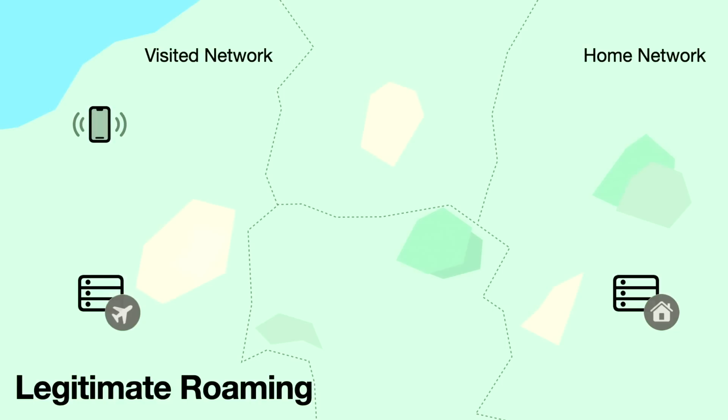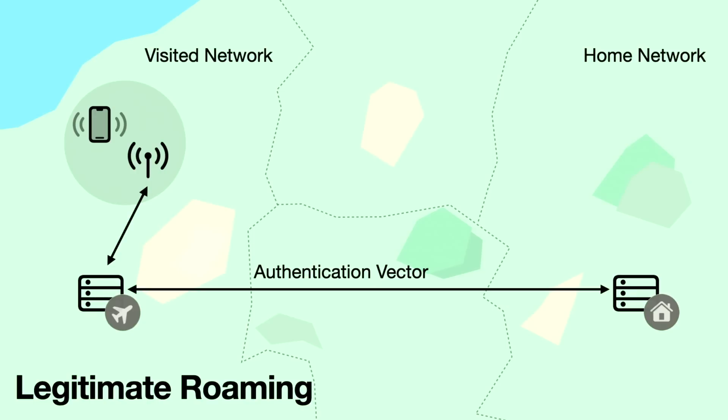So when roaming, the user connects to a visited network, and then this visited network asks the home network for a so-called authentication vector, which is necessary to establish a mutually authenticated connection. The operators of the visited network and the home network have a so-called roaming agreement, which is a contract that allows billing of the customers, so of our user here, and of the roaming partners, so they can bill each other with this.